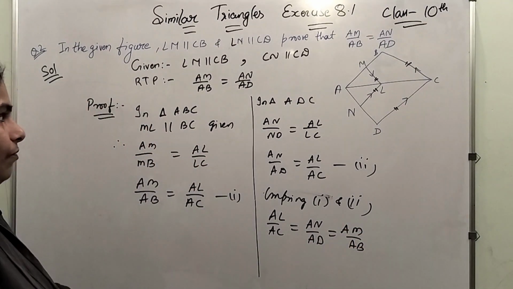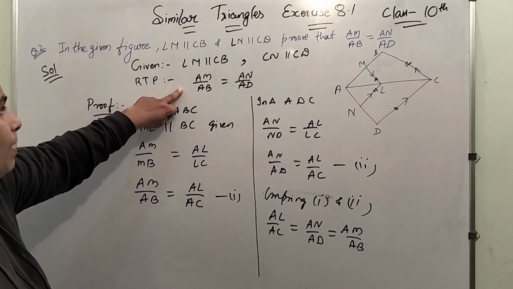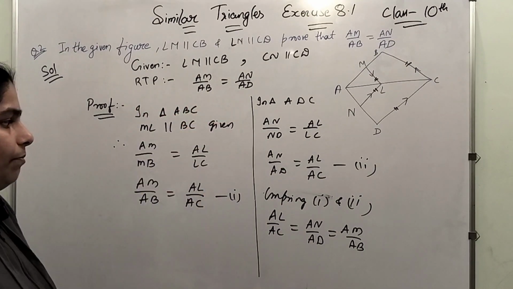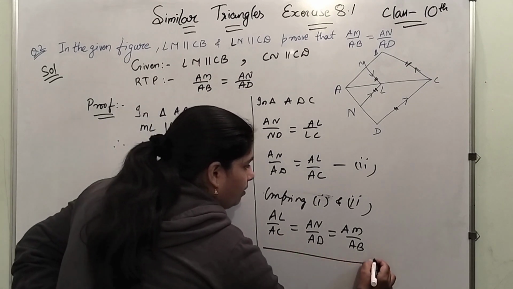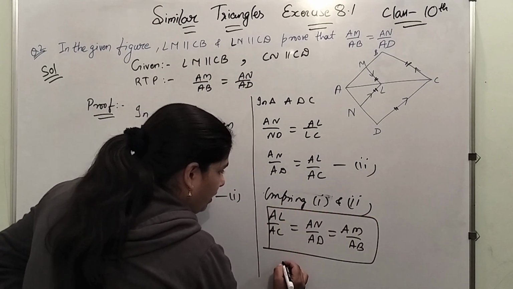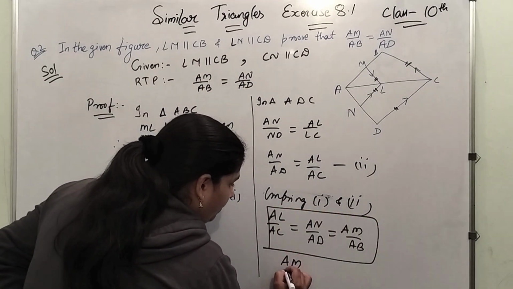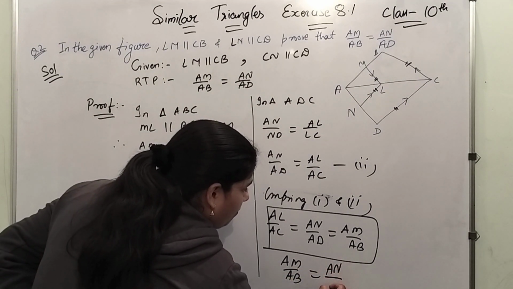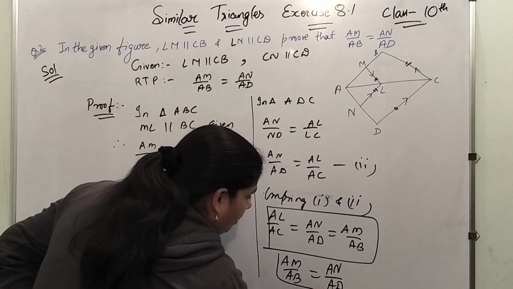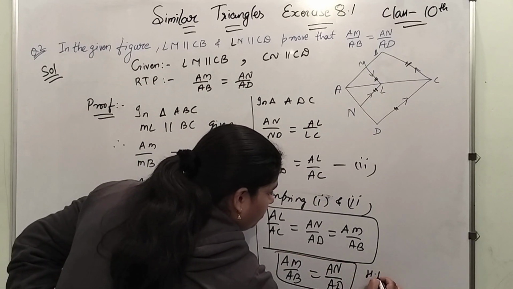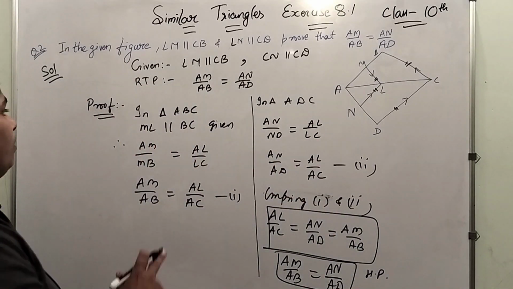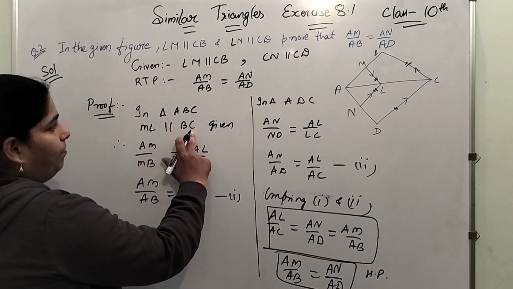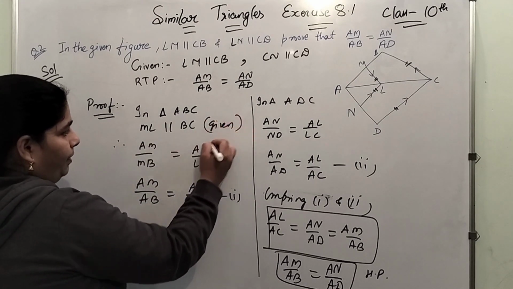Which is the thing we are asked to prove, that is AM by AB is equal to AN by AD. Hence, proved.